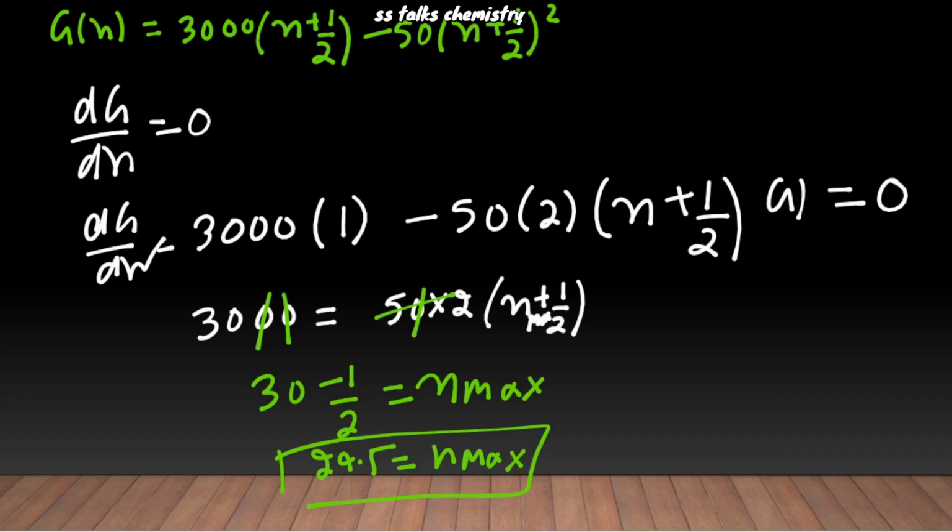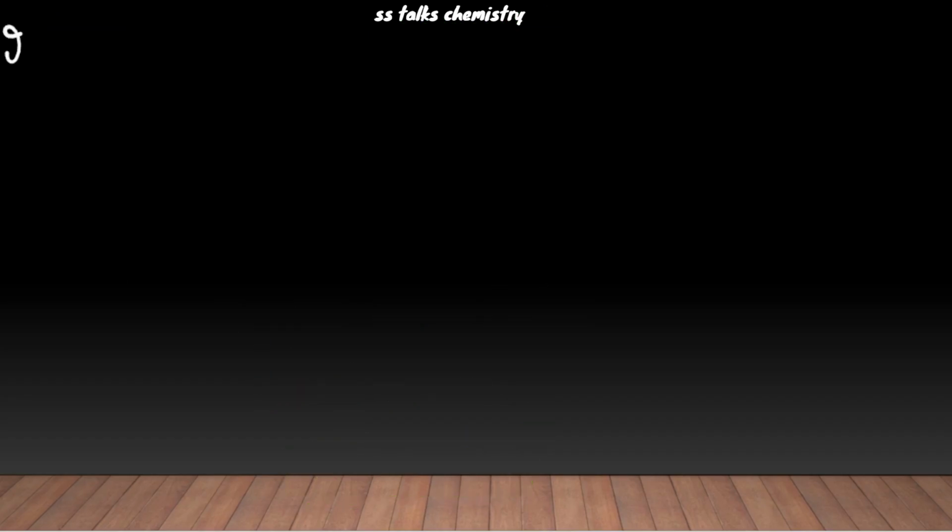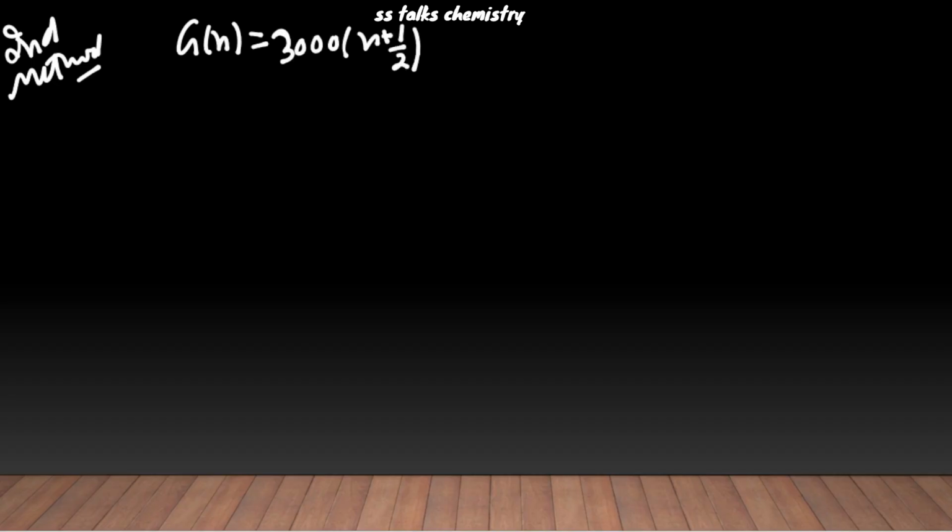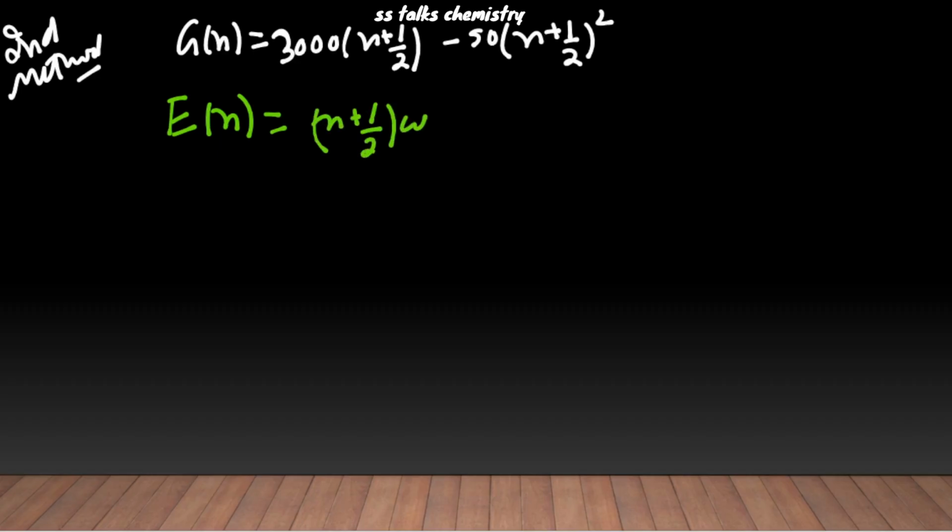The second method is to just do a comparison. The given energy you have is 3000 into (n plus half) minus 50 into (n plus half) squared. Now the general formula for the energy you know is (n plus half) omega e minus (n plus half) squared omega e xe.